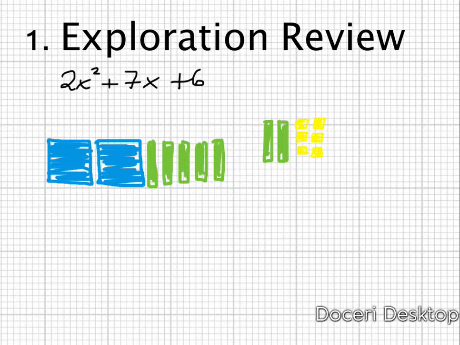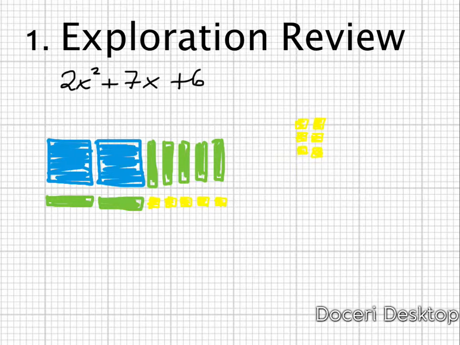And then I'm going to take the other 2 x's. Now I have to rotate those. If you guys remember, we rotated a little bit in the applet. So I'm going to rotate, there's one x and there's another x. I'm just going to erase those so that we don't get confused. And then the 6 squares have to go in the remaining area. So I have 1, 2, 3, 4, and 5.